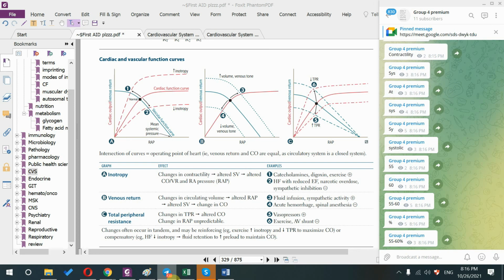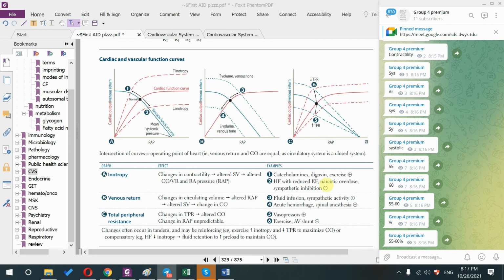So in case of heart failure with reduced ejection fraction, your contractility goes down. If that is the case, more blood will pool inside of your right atrium, so the right atrial pressure goes up, and that leads to a shift to the right on the vascular function curve. And in the cardiac function curve, there will be a shift downward, okay?